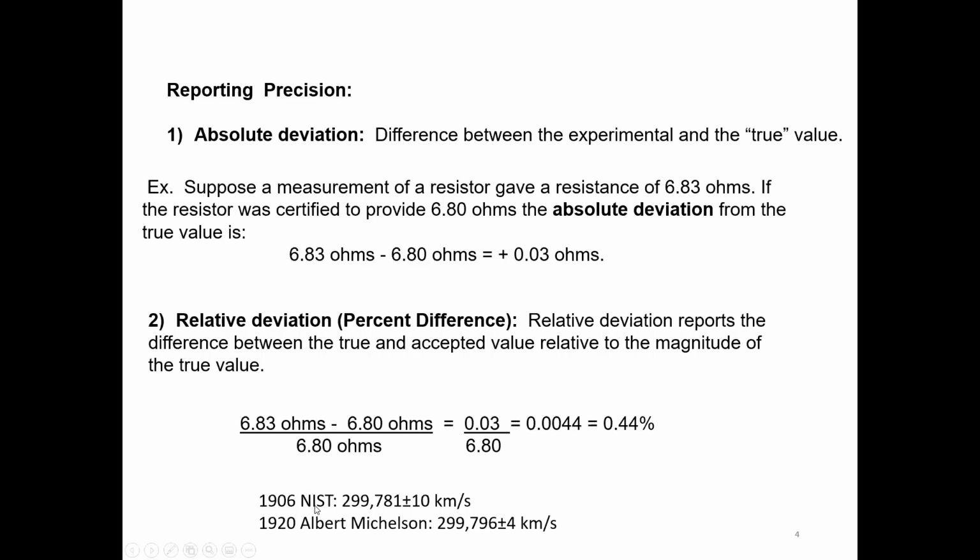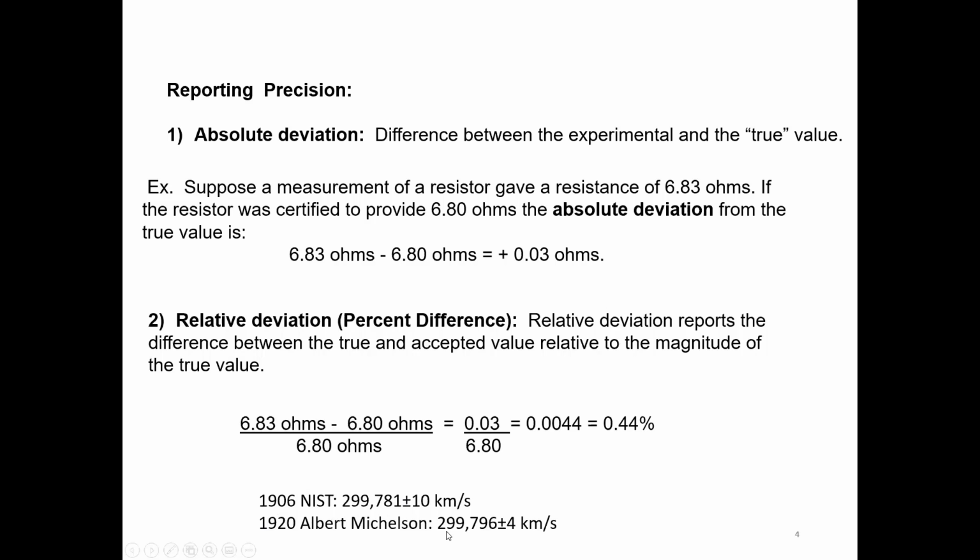The NIST reported the measurement of 299,781 plus or minus 10 kilometers per second in 1906. So in 1920, the American scientist Albert Michelson corrected that measurement.